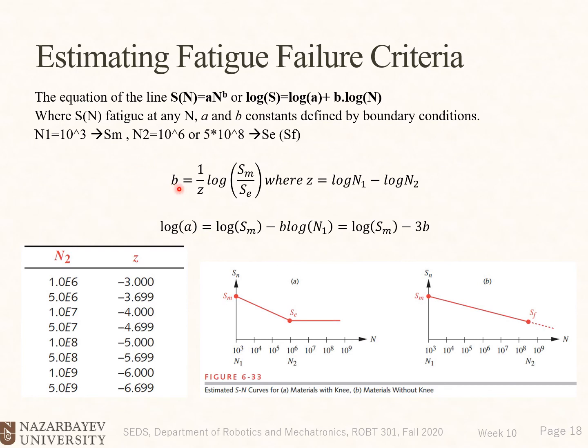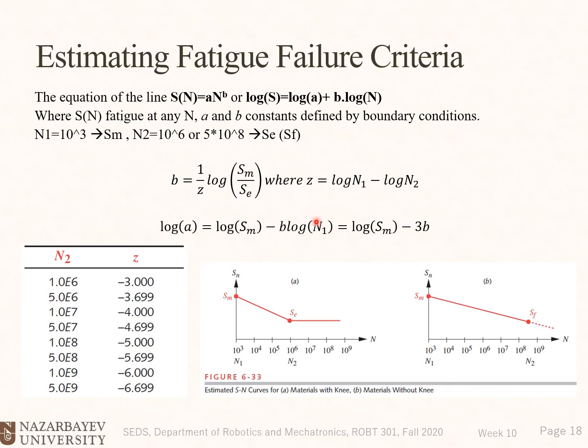After you found B by having N1 and N2 and Sm and Se, then you could find the logarithm of A. It's just here, from this formula, which is equal to the logarithm of Sm minus B times the logarithm of N1.